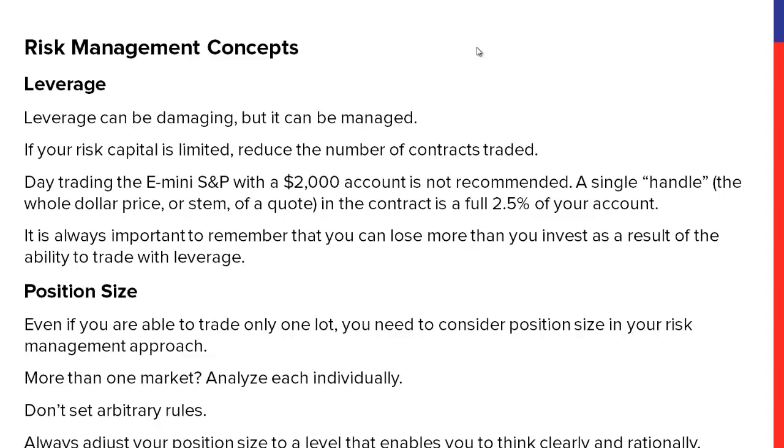And I could not find the chart in my database, but there is an excellent chart out there if you guys want to Google it, and it goes through how many trades you can execute in a $10,000 futures account, taking very, very small losses, how many shots you get trading it before you blow the account out. And I tell you, that chart was just an absolute eye-opener. And if I can find it, maybe I'll stick it in this webinar before I edit it and upload it, but I couldn't find it for the life of me.